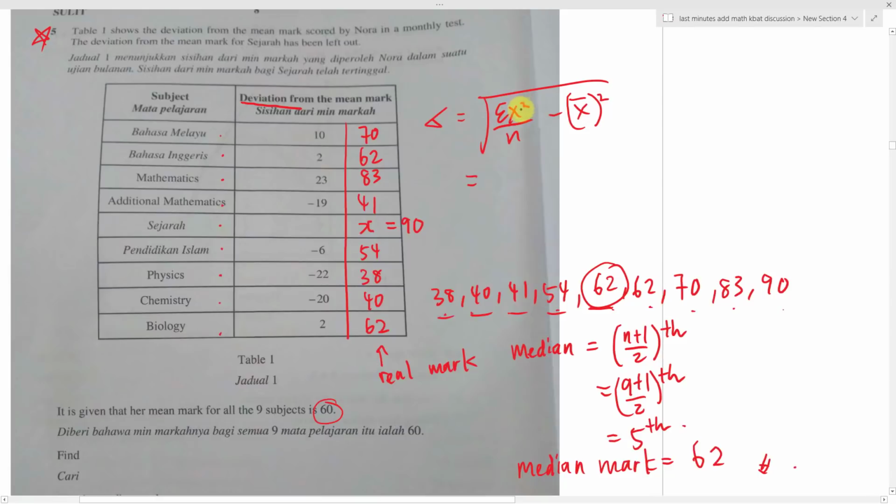But what's the meaning of sum of x squared? That means I need to square all these numbers. So it's something like 70 squared plus 62 squared plus 83 squared, until the last number 62 squared, then divided by 9, and then minus the mean, which is 60 squared.